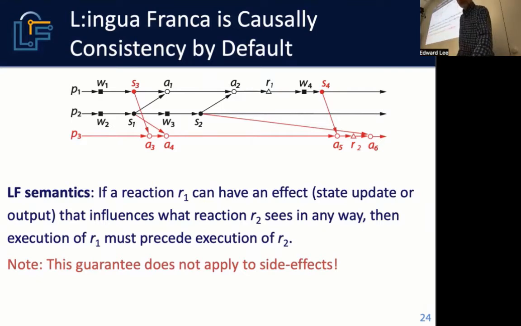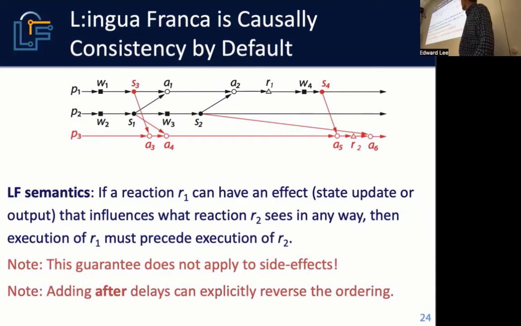So you have to be really careful. Also, if you add after delays in your connections, you're explicitly asking for orderings to be reversed from what they would be otherwise. Make it explicit in your program rather than letting it happen by accident.